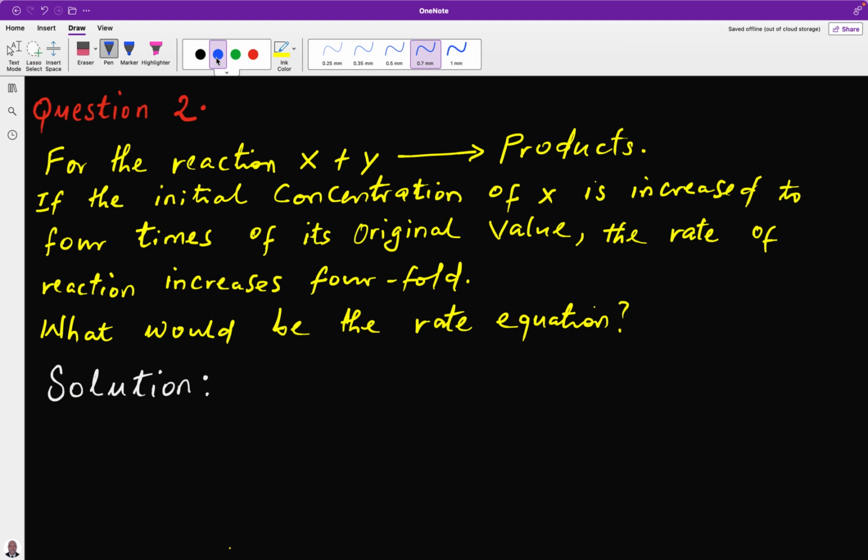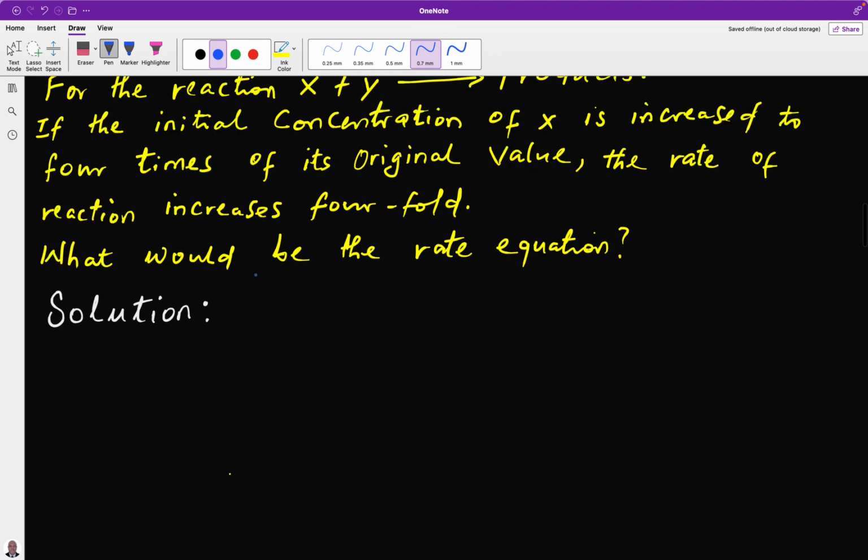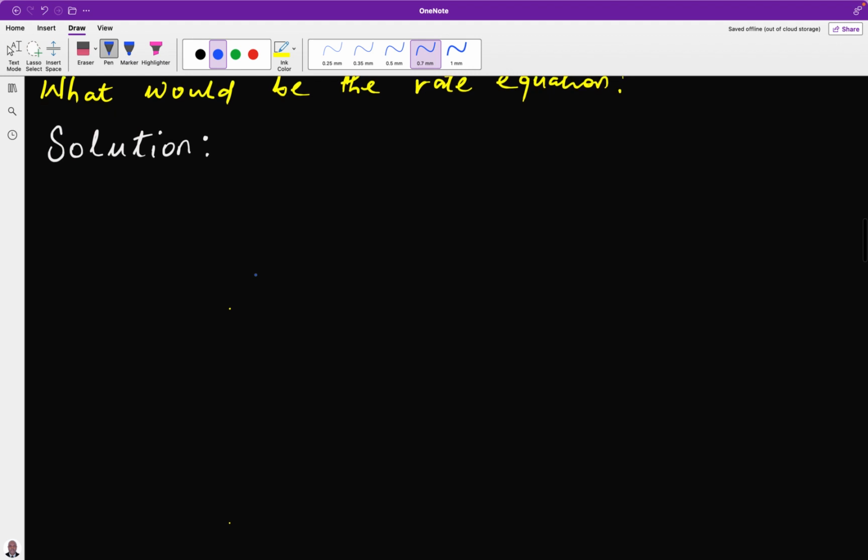What would be the rate equation? Step number one.